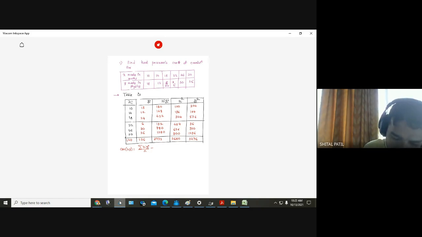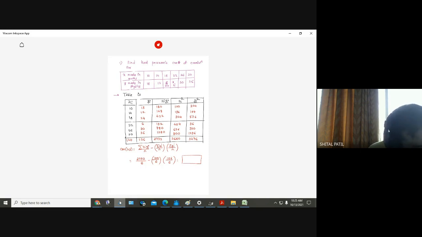Minus x bar, which we have not obtained, so summation of xi divided by n times summation of yi divided by n. So 2772 divided by 6 minus 120 divided by 6 times 126 divided by 6. Yes, what is the answer?